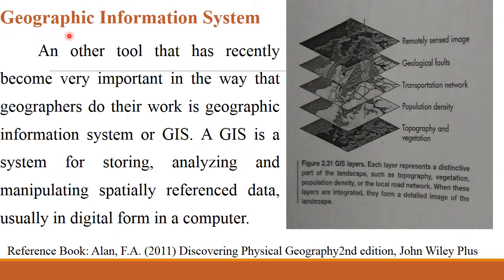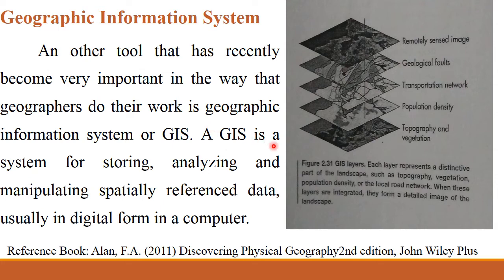The last and very important tool is Geographic Information System, or GIS. Another tool that has recently become very important in the way geographers do their work is Geographic Information System, or GIS. GIS is a system for storing, analyzing, and manipulating spatially referenced data, usually in digital form in a computer.